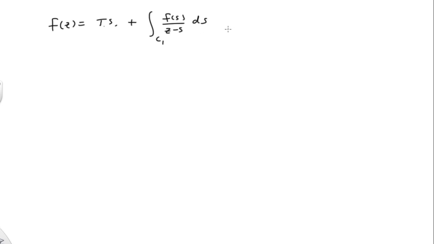And now we're going to do what we've done before. Before we used a geometric series type thing, and we're going to do the same thing with z minus s. We can write this as follows. It can be the sum of n equals 0 all the way to capital N minus 1 of s to the n all over z to the n plus 1. So notice here that z is in the denominator.